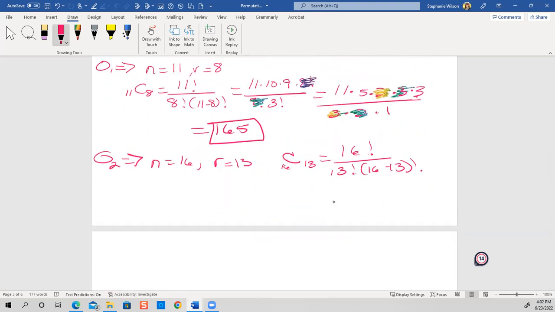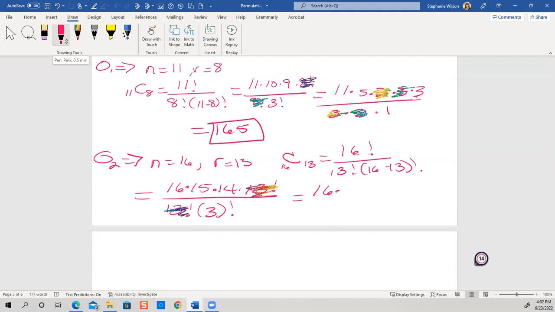So now let's clean this up. 16 times 15 times 14 times 13 factorial, all over 13 factorial. 16 minus 13 is going to be 3 factorial. Our 13 factorials reduce. Now I'm left with 16 times, well, I see I have a 3 that can be written out. So let's reduce what we can.